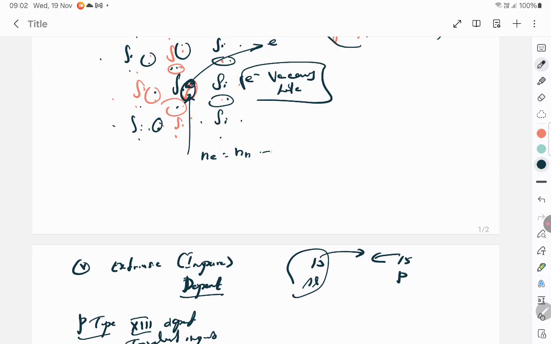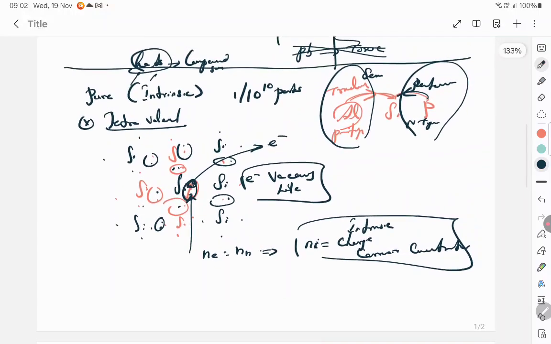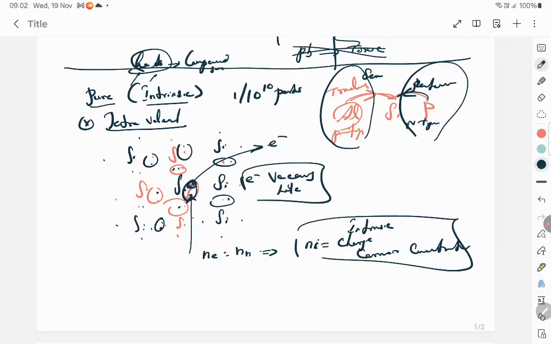This is called Ni, the intrinsic charge carrier concentration. Ni may be electrons or Ni may be holes. So that's what it is about. When you write a note on a pure semiconductor, it's an intrinsic semiconductor.